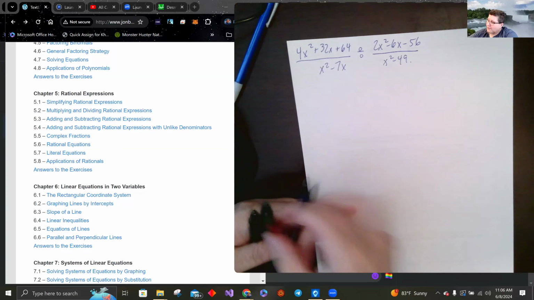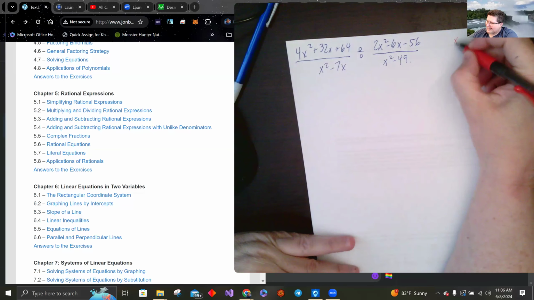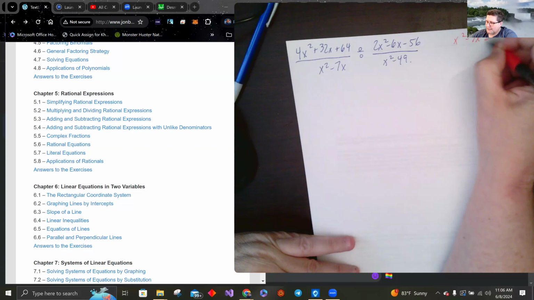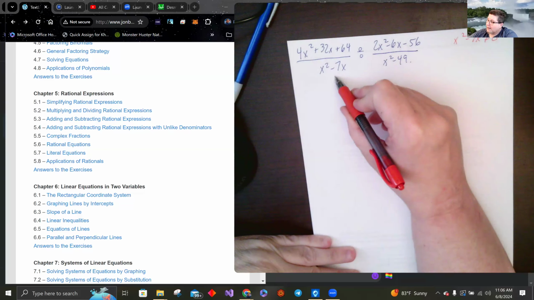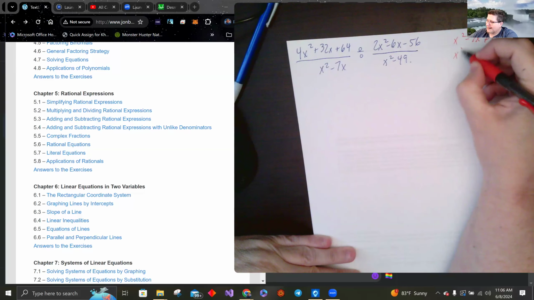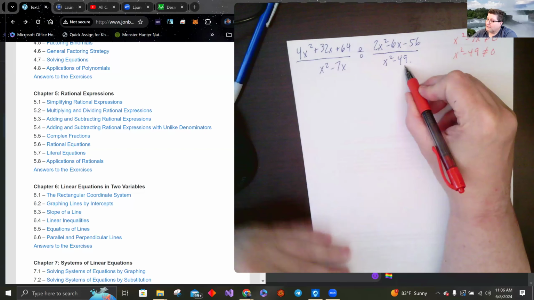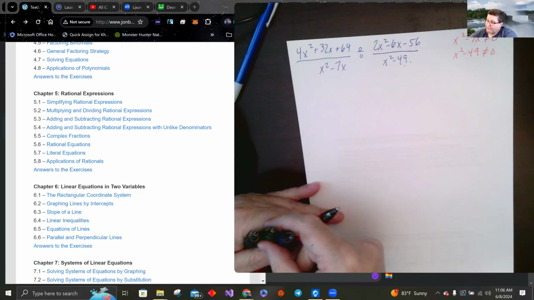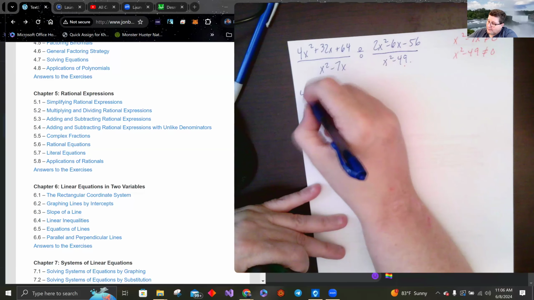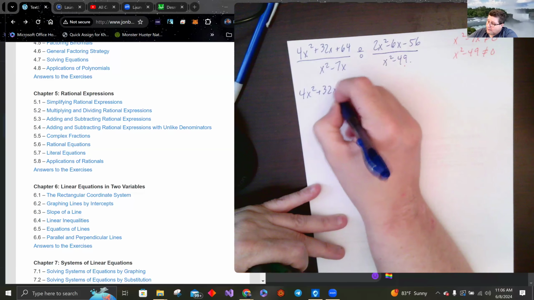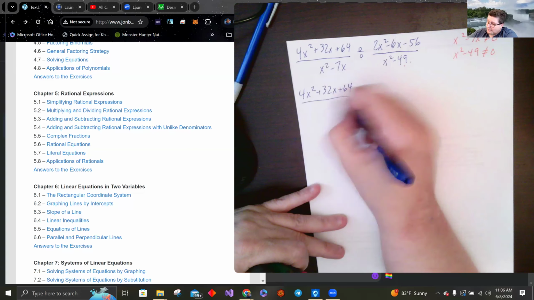Okay, so x squared minus 7x cannot equal 0. It's the denominator here. X squared minus 49 cannot equal 0. It's the denominator here. Next, we're going to flip and change to multiply.